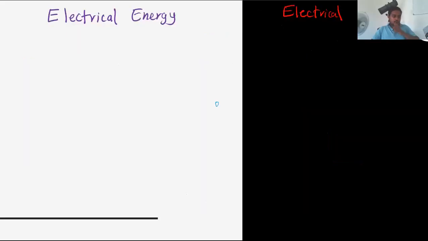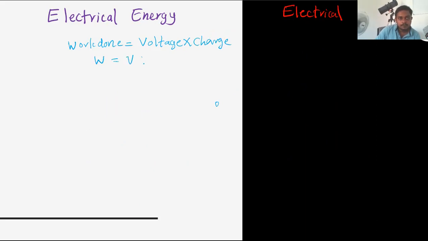Now we are moving to the next part: electrical energy, energy of a circuit, and electrical power. If you remember, we wrote earlier that work done is equal to voltage times charge, and W is basically energy. W equals VQ.